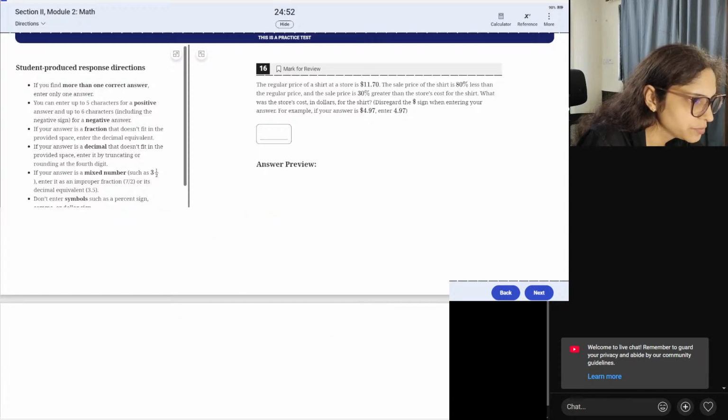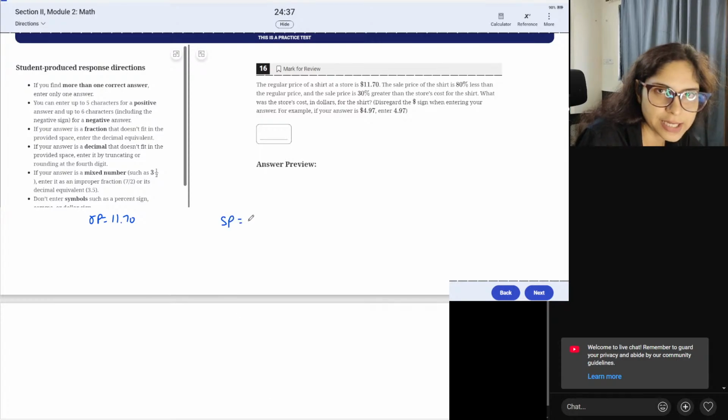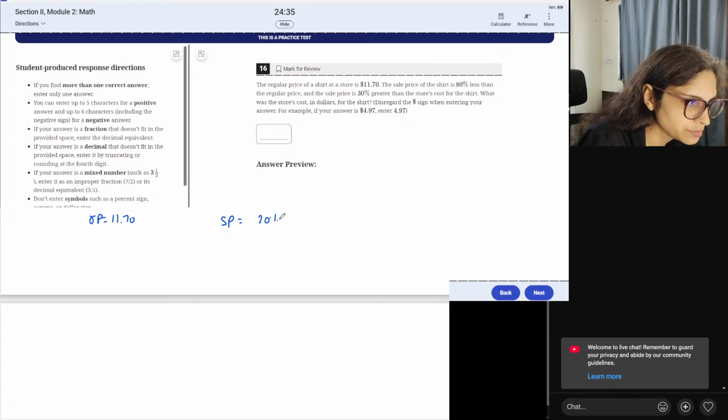So again, what they are saying, regular price is 11.70, RP is 11.70. Next sale price is 80% less than regular price. So 80% less, that means it's 20% of regular price.